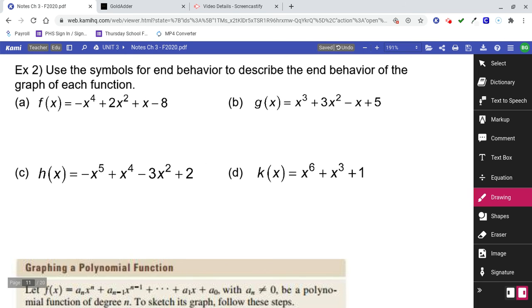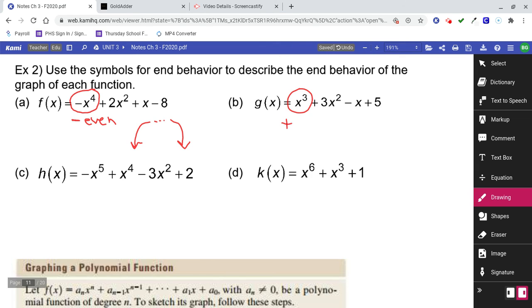For instance, example 2: use the symbols for end behavior to describe the end behavior of the graph of each function. Well, this is the dominating term. Notice it's a negative even. If we know the dominating term is a negative even, then we know it's going down and down.